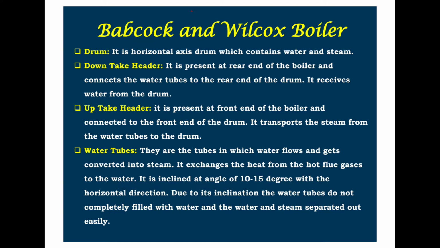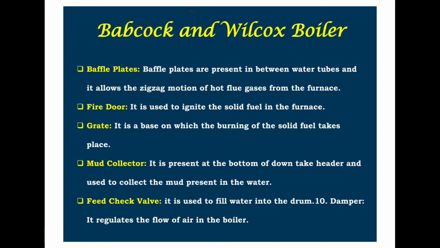The Babcock and Wilcox boiler consists of a drum, downtake header, uptake header, water tubes, and so on. Baffle plates are present in between the water tubes, and they allow the zigzag motion of hot flue gas from the furnace.